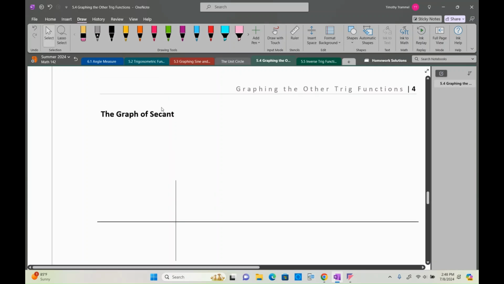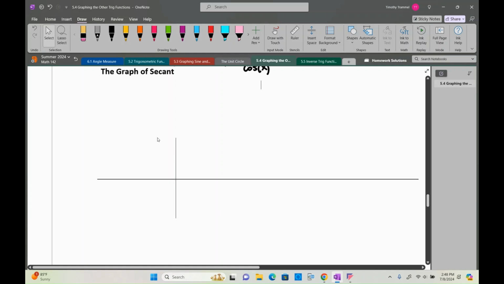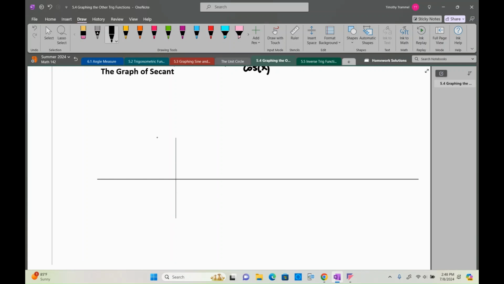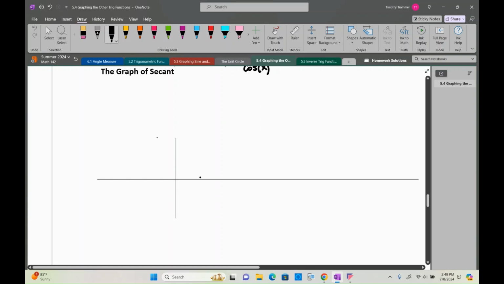So just as a quick refresher, when we're thinking about secant of x, it's really equal to 1 over cosine of x. And if we were to go in and graph cosine here, we know that we want our quarter points to be spaced out by pi over 2s, for the parent function, of course.